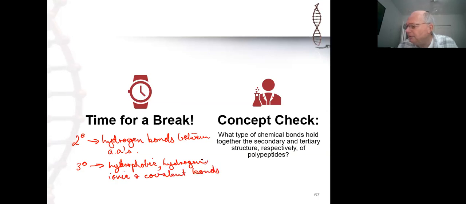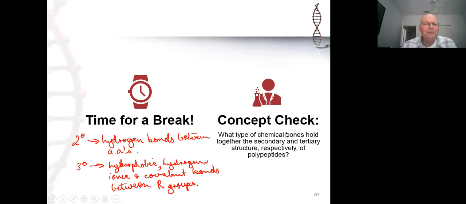And in this case, between R groups. That's what holds the tertiary structure together. So secondary, it's hydrogen bonds between the actual amino acids themselves, not the R groups. In tertiary, it's hydrophobic interactions, hydrogen bonds, ionic bonds, and covalent bonds between the R groups of amino acids.